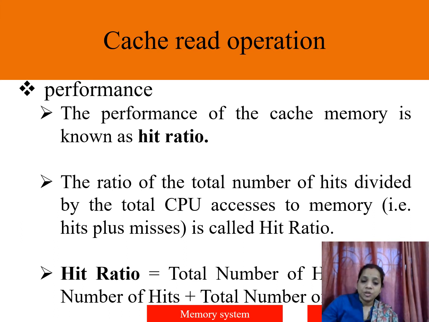In case of a cache miss, it is first missed, that is 1 nanosecond, plus it is searched again in the main memory, that is 2 nanoseconds. So the total access time will be 3 nanoseconds.